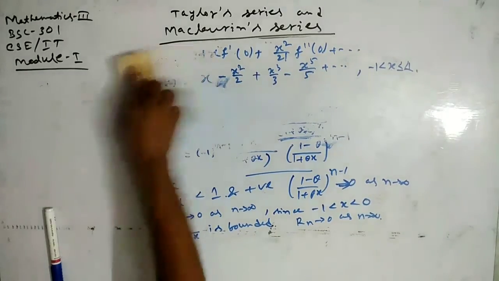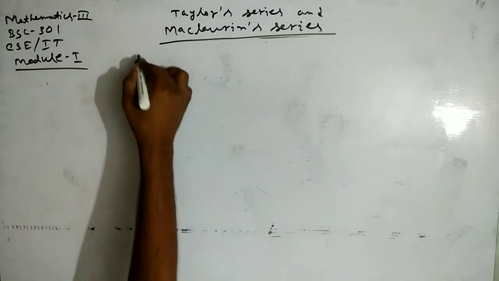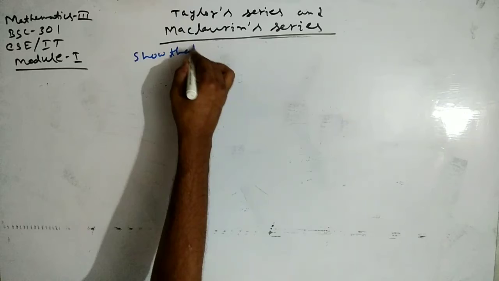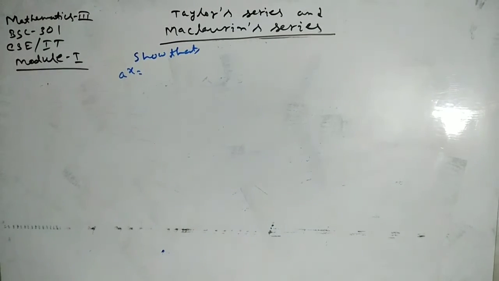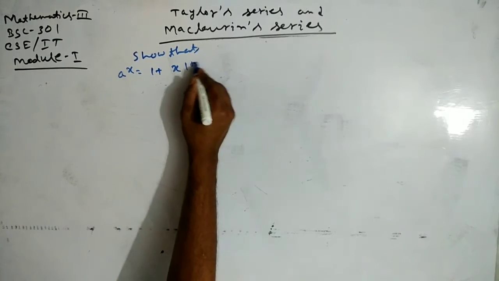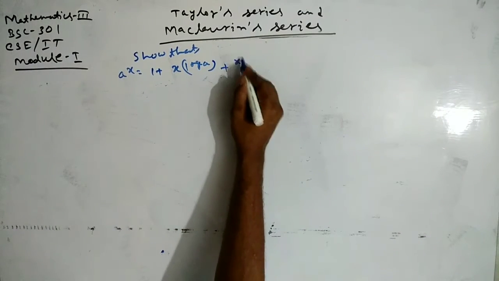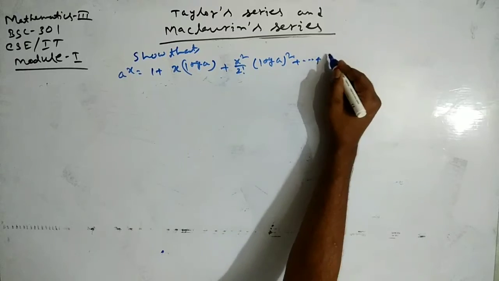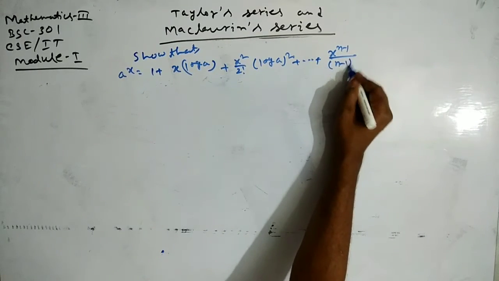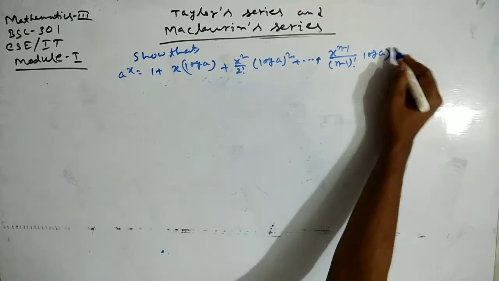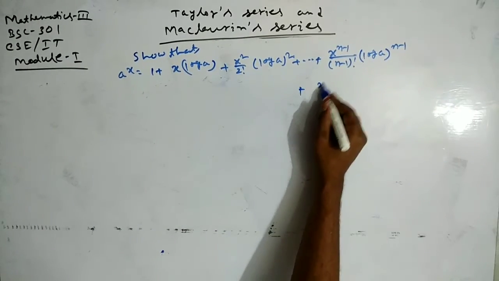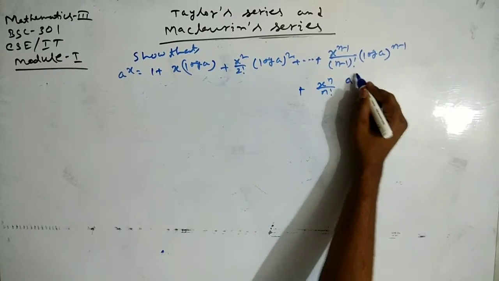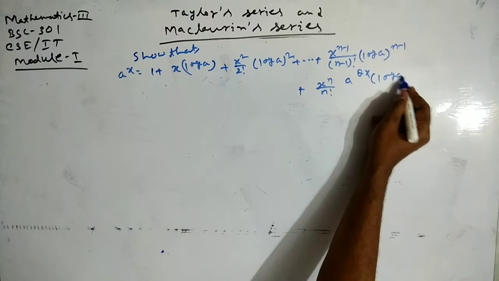Next question is, show that a to the power x equal to 1 plus x log a plus x square by 2 factorial log a whole square plus dot dot dot plus x to the power n minus 1 by n minus 1 factorial log a whole to the power n minus 1 plus x to the power n by n factorial a to the power theta x log a whole to the power n.